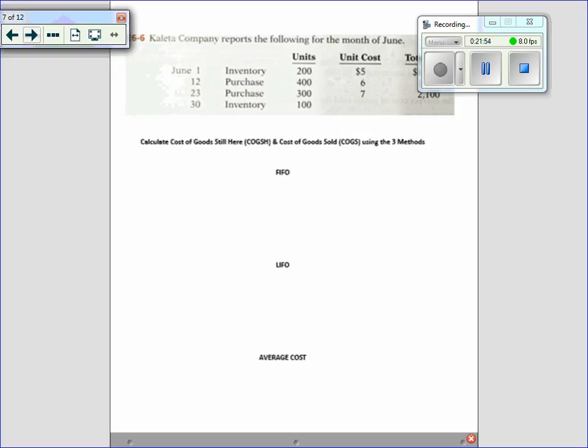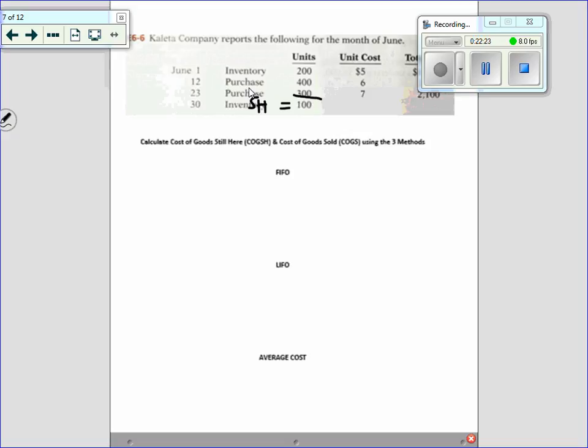So we have 100 left. That's a little tricky. How many units did we actually have available? We started with 200.